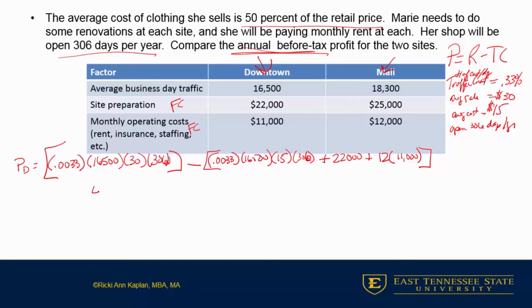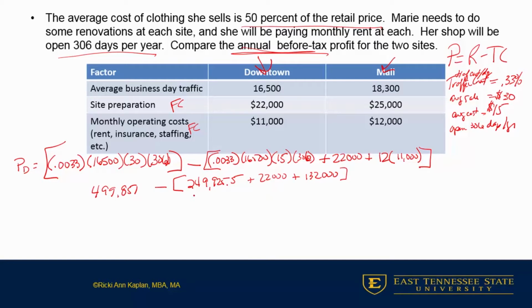So looking at this, if I times 0.0033 times 16,500 times 30 times 306, I'm going to get 499,851. I want to subtract from that 0.0033 times 16,500 times 15 times 306, which should be 249,925.5. I want to add to that 22,000 plus 12 times 11,000, which is 132,000.